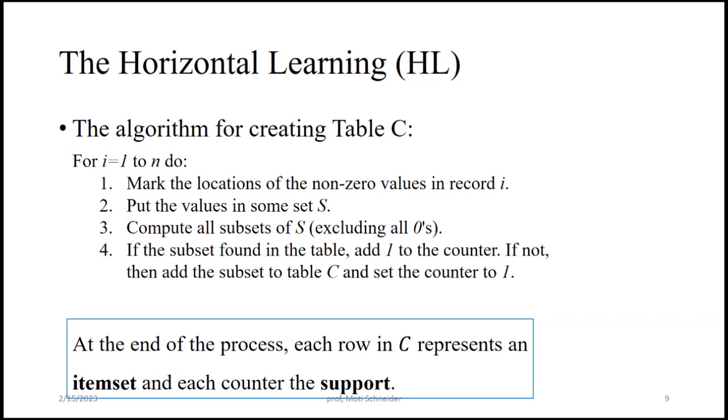When I find all the permutations, all the combinations, I take those combinations into the table C and update the counters accordingly, okay? At the end of the process, each row in this new table C represents a certain item set, and each counter provides me a support. So if I have the item set and I have the support, I can easily compute the confidence of a rule.